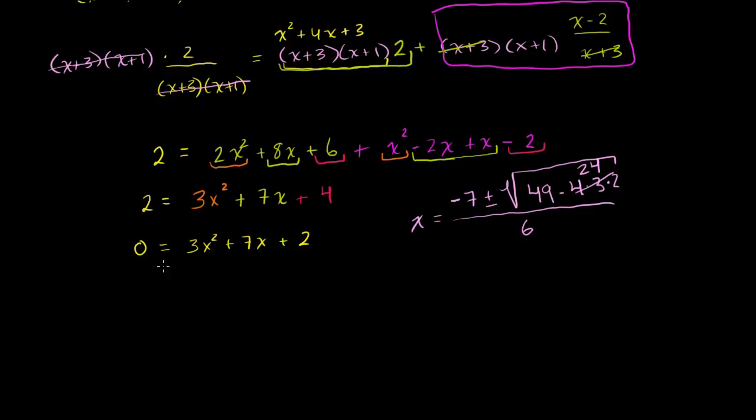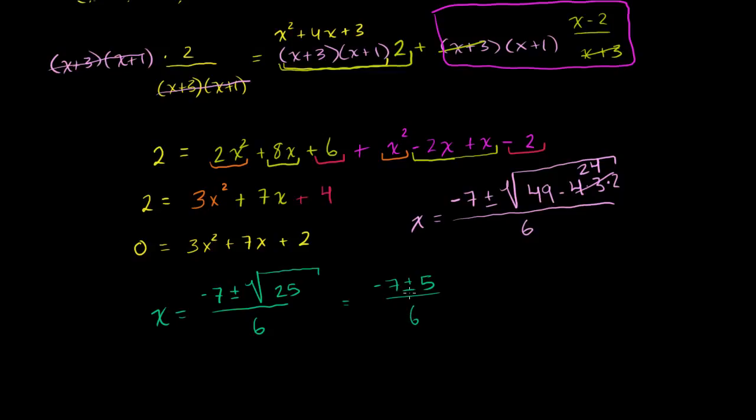25. So I don't want to make that too messy, so let me rewrite it. So x is equal to negative 7 plus or minus the square root of 49 minus 24, which is 25, over 6, which is equal to negative 7 plus or minus 5, the square root of 25, over 6.